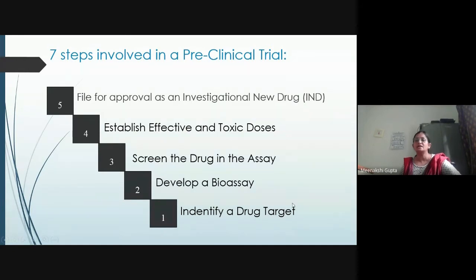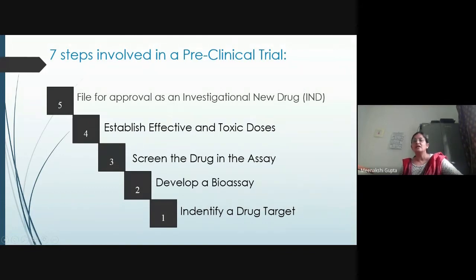Then next is developing a bioassay. Bioassay means if you want to test what type of activity a particular lead compound is showing, this can be studied by different types of bioassay.